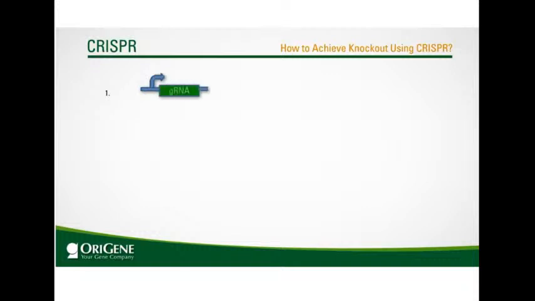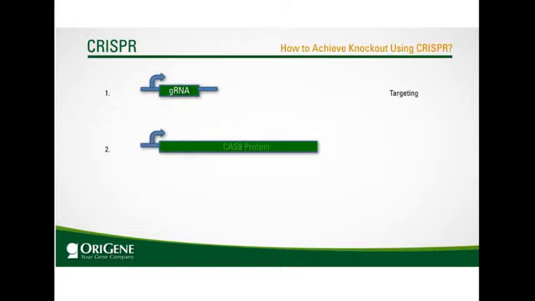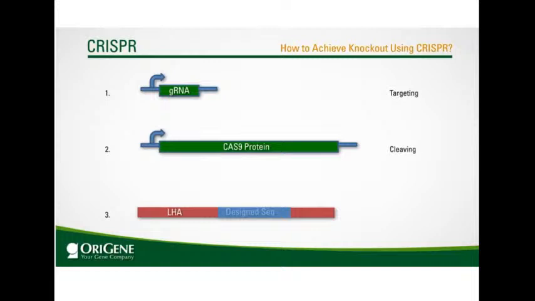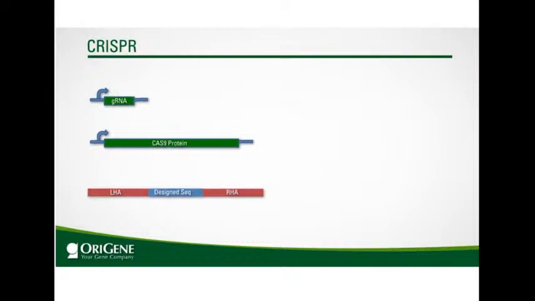A plasmid coding for the gRNA, targeting the intended site for double-stranded cleavage. 2. A plasmid coding for the Cas9 protein. And 3. A plasmid serving as the repair template, with a designed sequence flanked by the homologous arm region of the cleavage site, or donor vector.